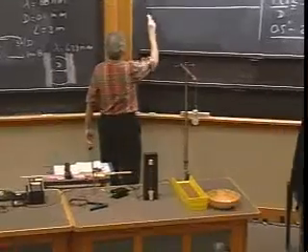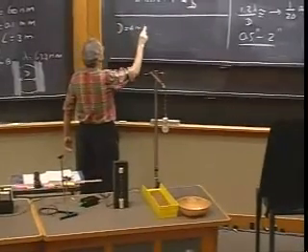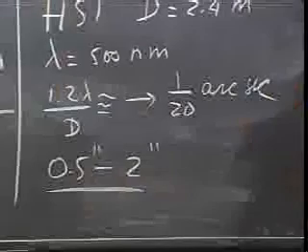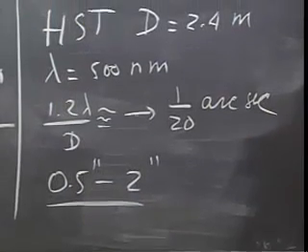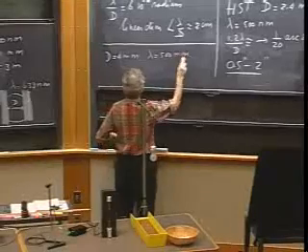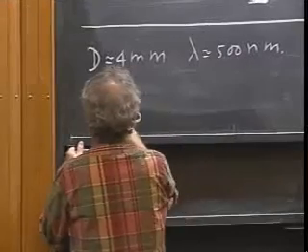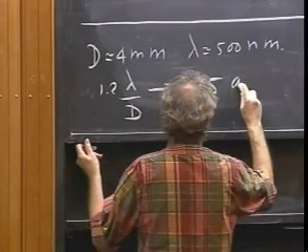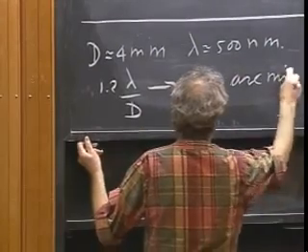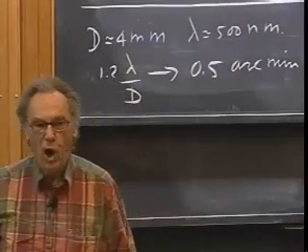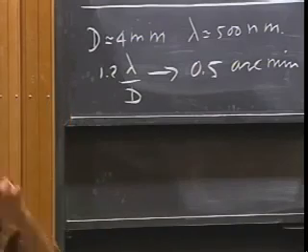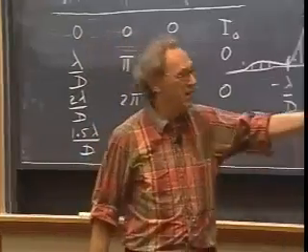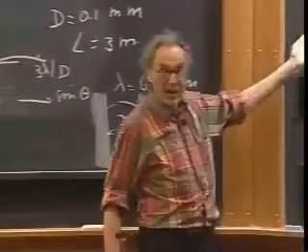If we take about 4 millimeters, a reasonable number, and we take again 500 nanometers as our representative wavelength, then we can calculate what 1.2 times lambda over d is, and that translates to half an arc minute. That is 30 arc seconds. That is 600 times worse than Hubble Space Telescope. You cannot do better than this. This is Mother Nature. You cannot beat diffraction.